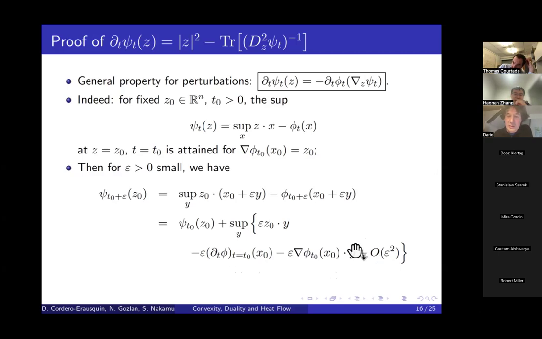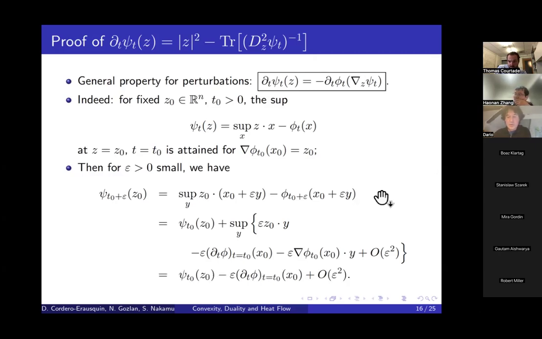And here I am a bit cheating, because I assume that y can remain bounded. So I assume that this big O of epsilon squared is uniform in y. For this, you have to make some assumptions, and the assumption we make is that the convex function is superlinear at infinity.